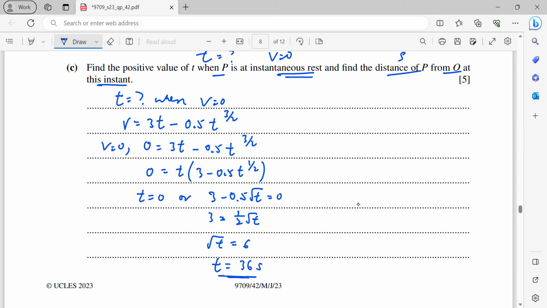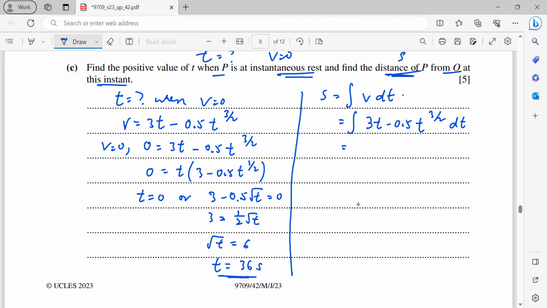And now find the distance. The distance is the s. So s is the integral of v dt. So now I'm going to do the integration. The v is 3t minus 0.5 t to the power of 3 over 2 dt. Now when you integrate, it's going to be 3t squared over 2 minus 0.5.